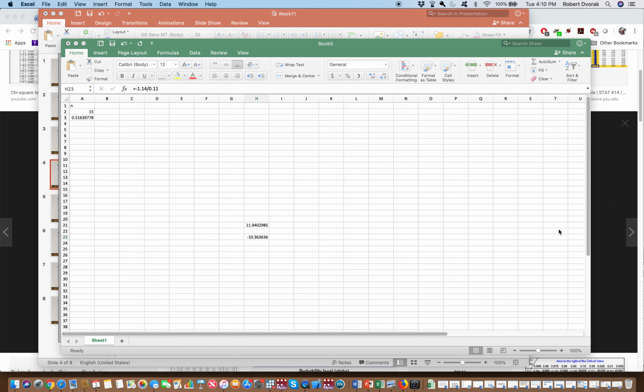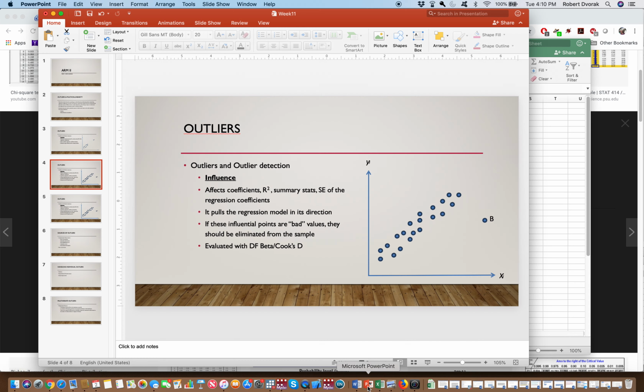And so that is looking at the DF statistics for both the intercept and the slope. You can also look at Cook's distance to get roughly a similar effect, though Cook's distance doesn't give you the intercept and the slope effects. It just gives you an overall effect.